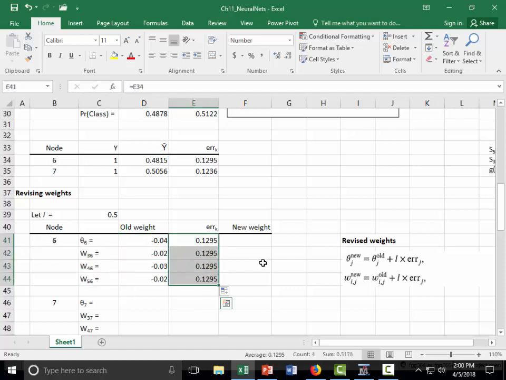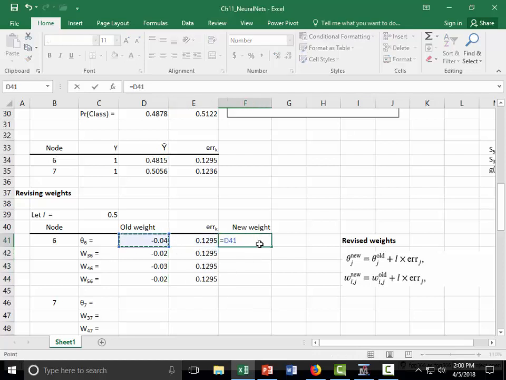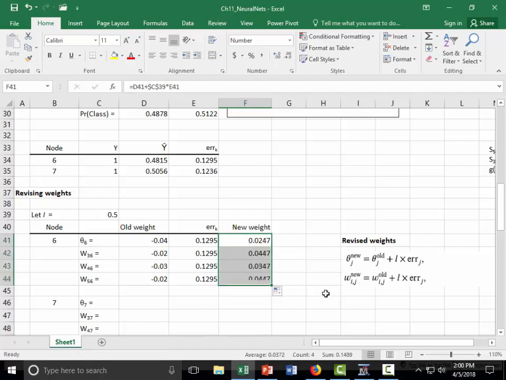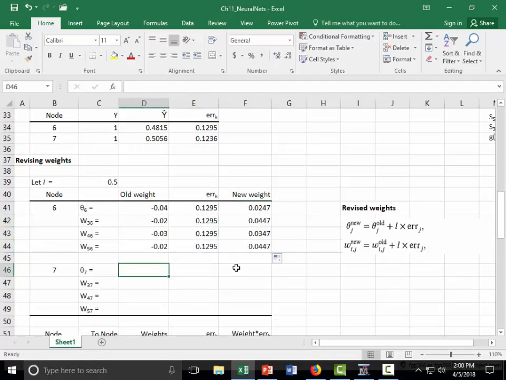So the error is that, so you take the old weight, then add L, okay, absolute reference that, L times the error. So part of the error gets tacked onto the weight. So you're tweaking the weights using a portion of the error of that particular node. And you do the same thing here.